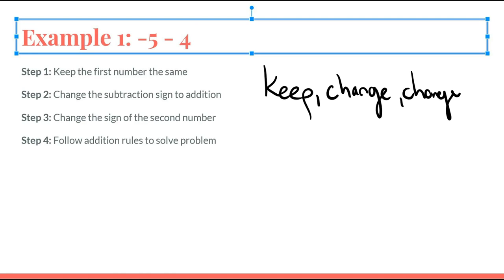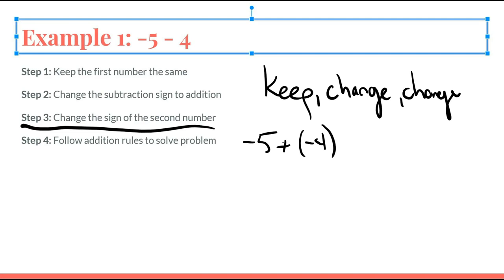So we keep our -5. Step 2, change the subtraction sign to addition. It was a subtraction problem, and I'm turning it into an addition problem. Step 3, change the sign of the second number. It was a +4, so now it's a -4.